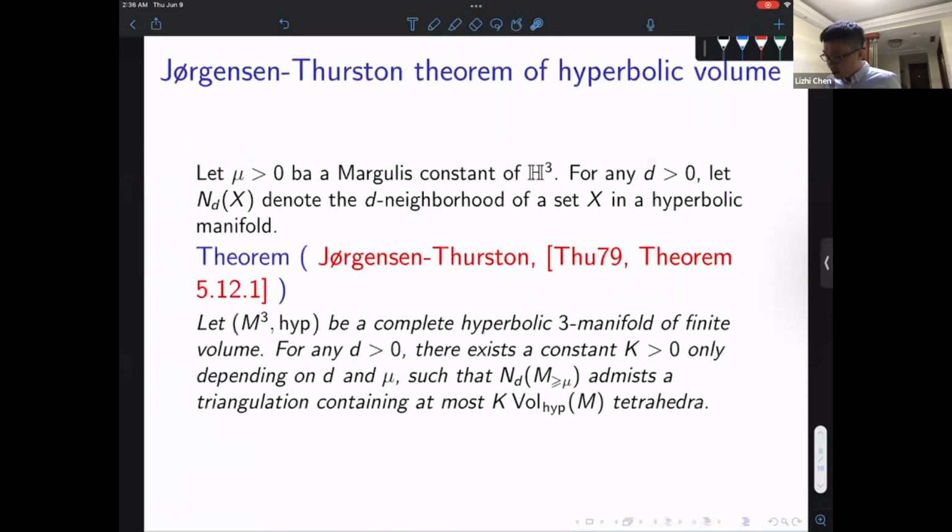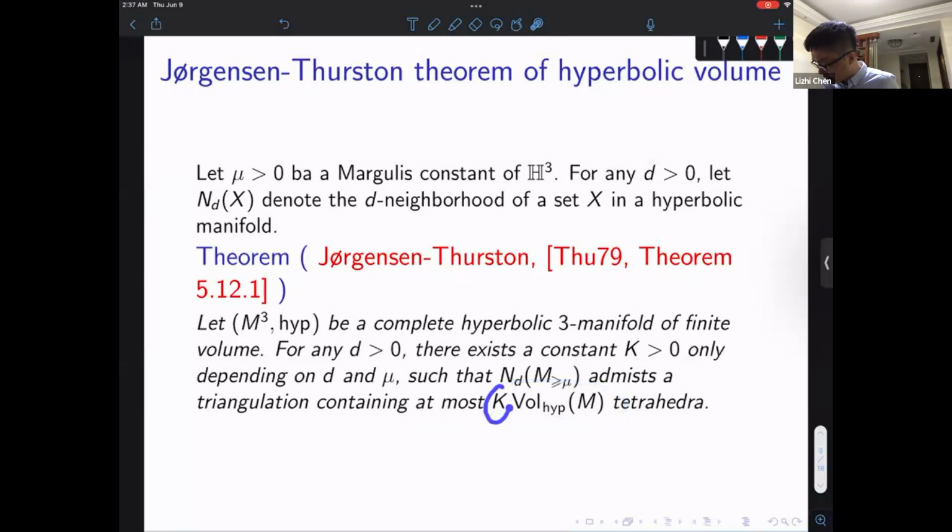And then I want to introduce another theorem of Jorgensen and Thurston. This theorem tells us that if we consider a radius d neighborhood of the thick part of a hyperbolic manifold M, then there exists a triangulation, and this triangulation contains at most a constant k times the volume of the hyperbolic manifold tetrahedra.